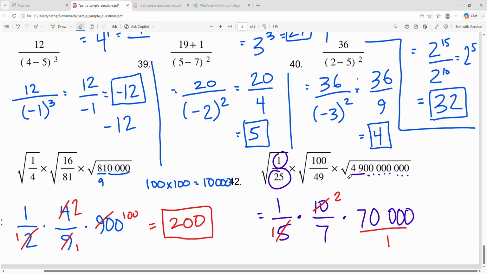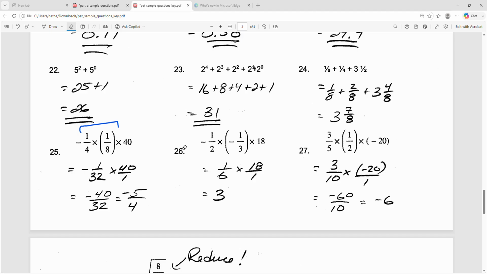So we are going to divide top and bottom by 7. 7 divided by 7 is 1. 70,000 divided by 7 is going to leave us with 10,000. So we have 2 times 10,000 is equal to 20,000 over 1. We don't need to see the 1. Answer is 20,000. Let's just go have a quick look and see how we did on all those.